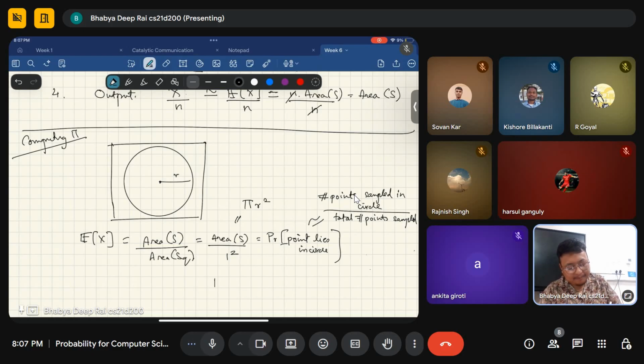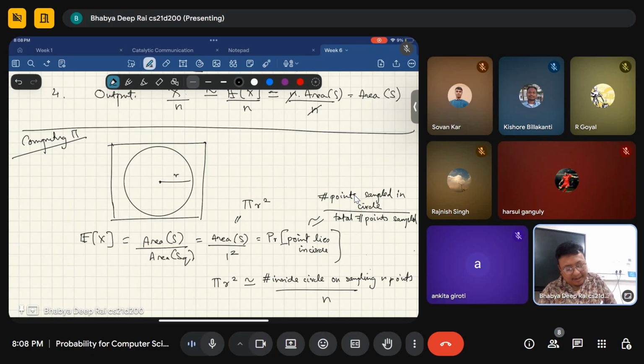So you get pi r square is close to the number of points you find inside the circle on sampling n points, divided by n.